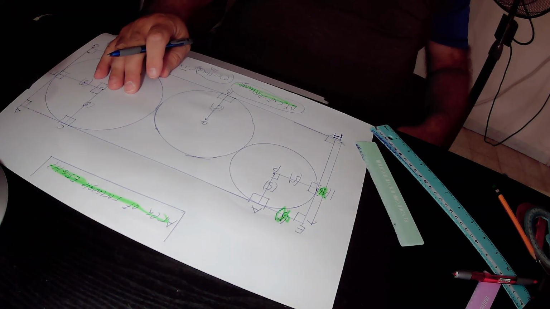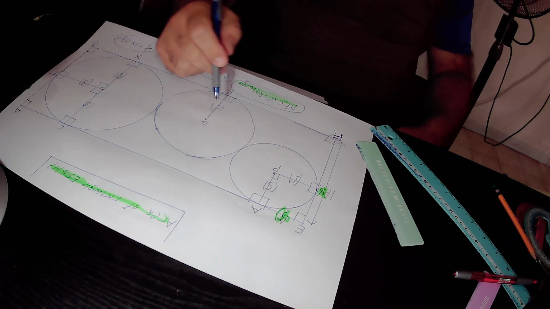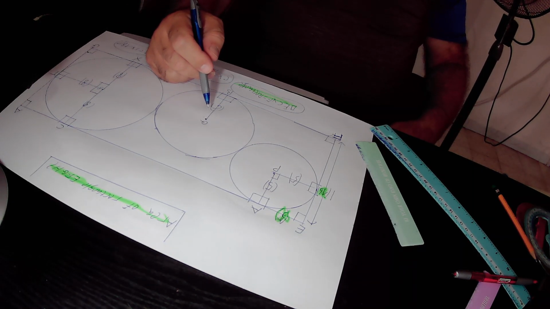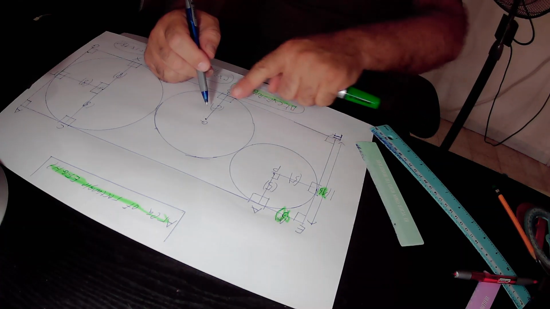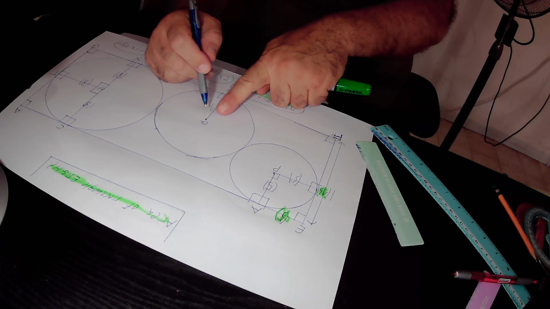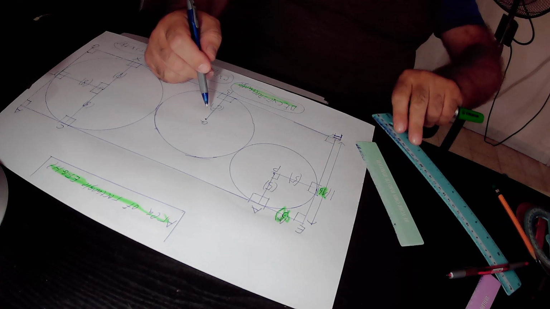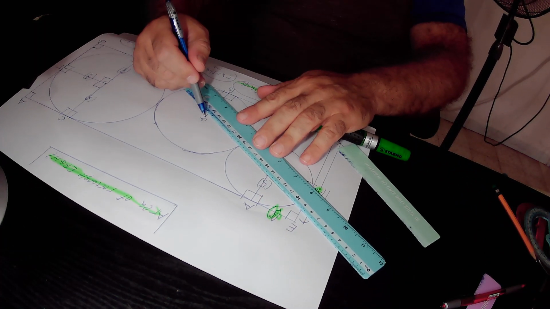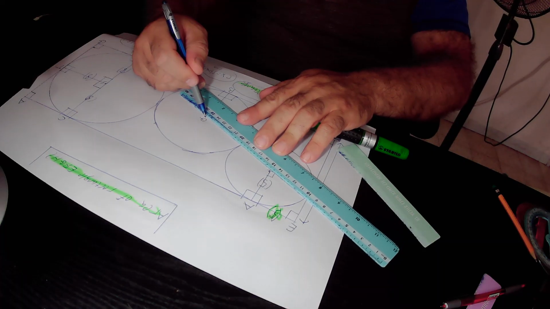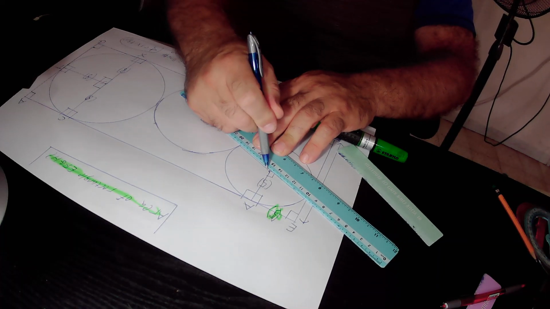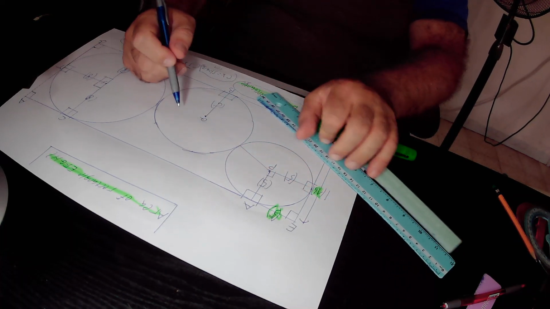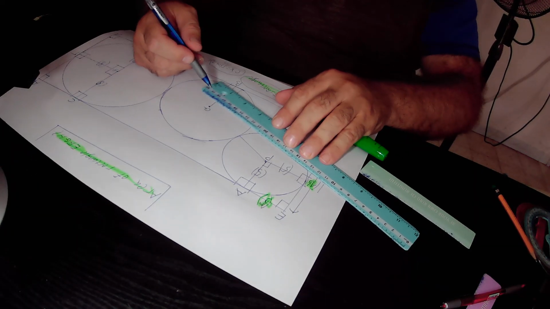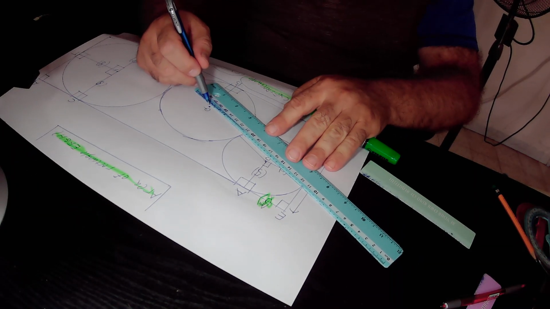In the next step, we'll join points P and Q together by a straight line. That is to say, we'll join the center of the small circle with the center of the medium circle by a straight line. And we'll define the touching point of the small circle with the medium circle.